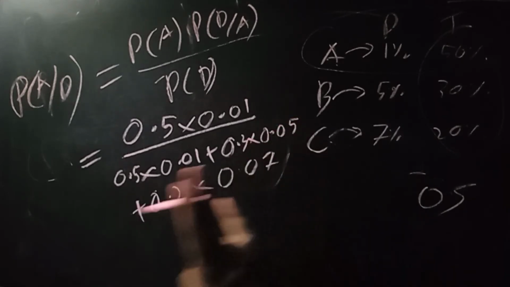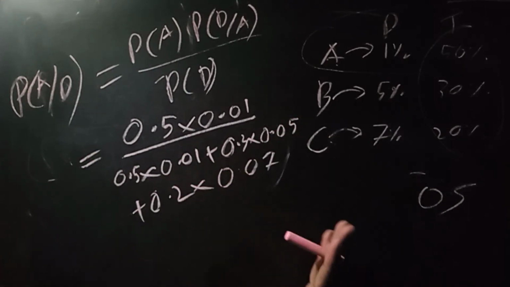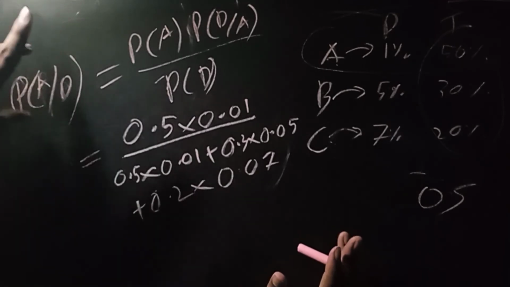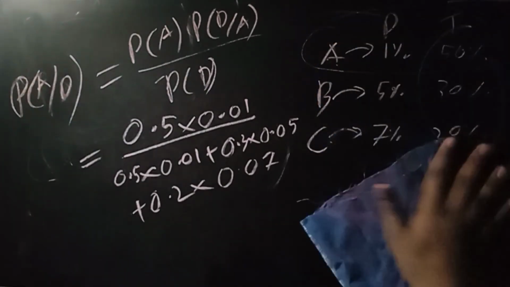If you calculate, you will get the whole probability that the defective item is from A. That's the Bayes formula application.